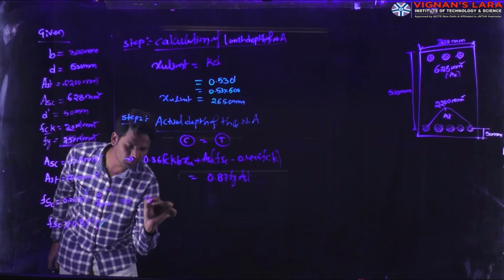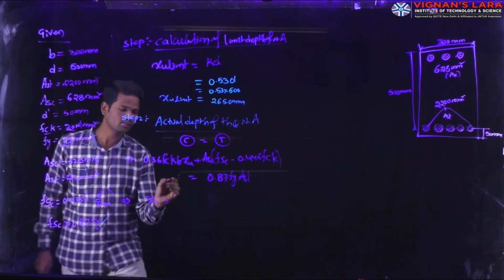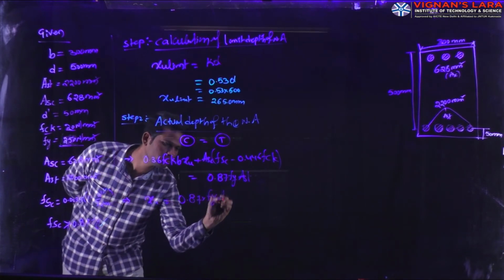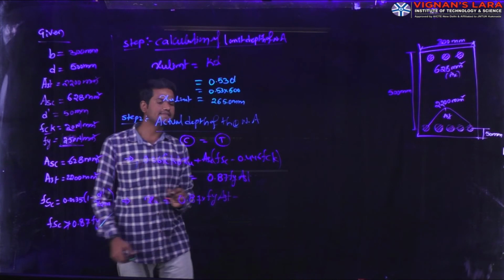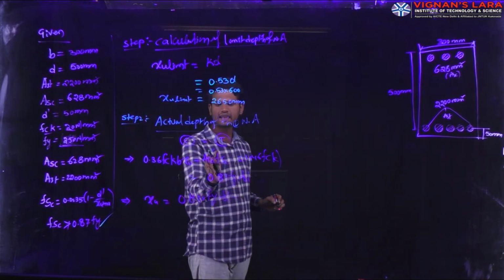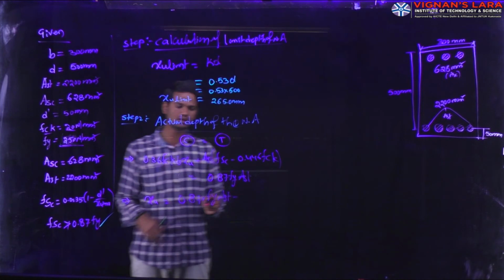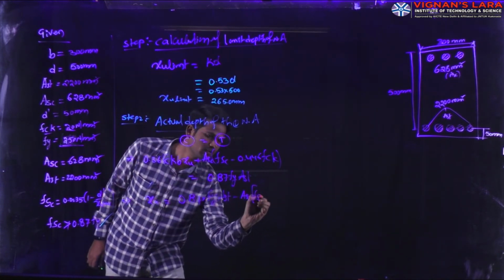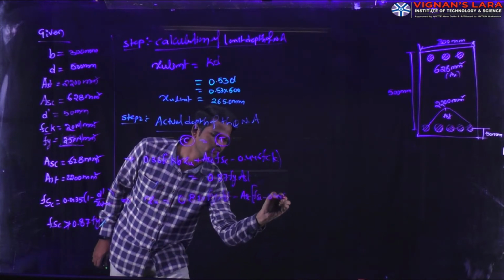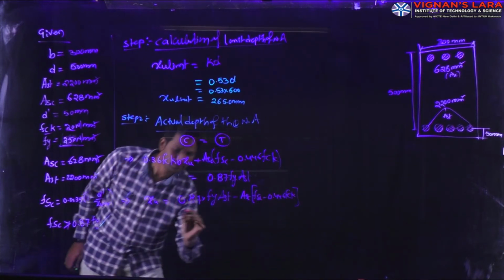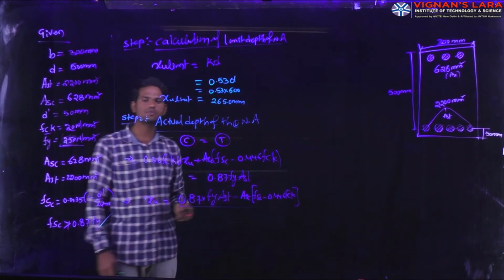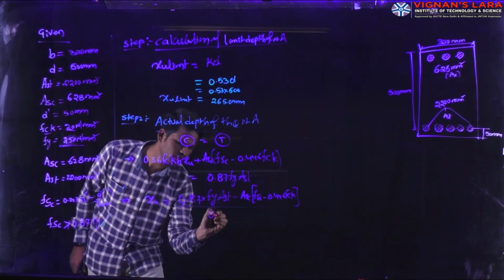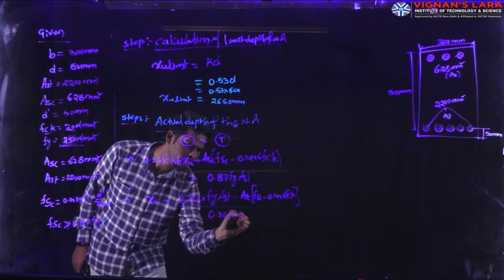Directly I am writing the formula: XU equal to 0.87 into Fy into AST, minus ASC into FSC minus 0.446 into FCK, divided by 0.36 into FCK into B.